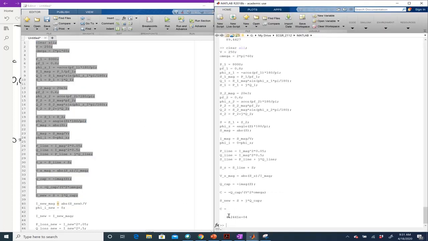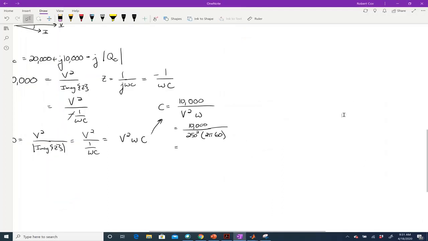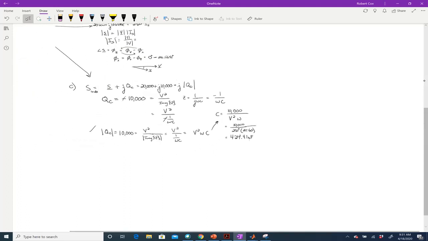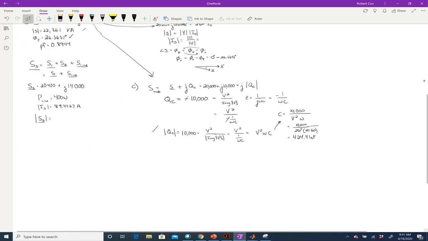My MATLAB result tells me that my capacitor needs to be 424.41 microfarads. So my C is 424.41 microfarads.